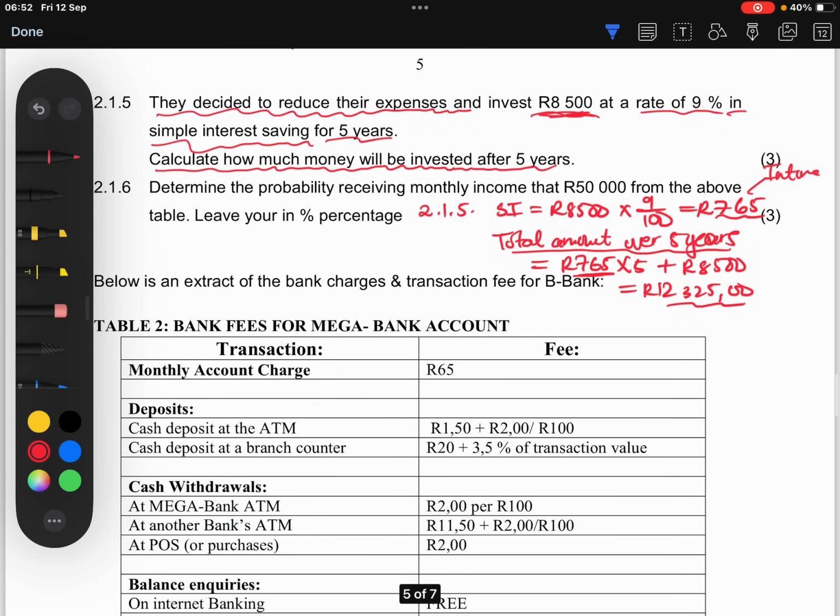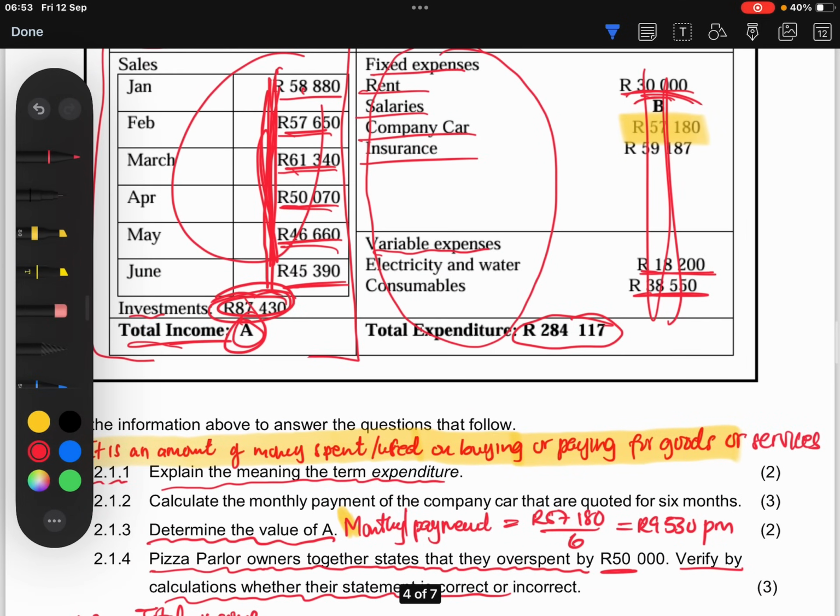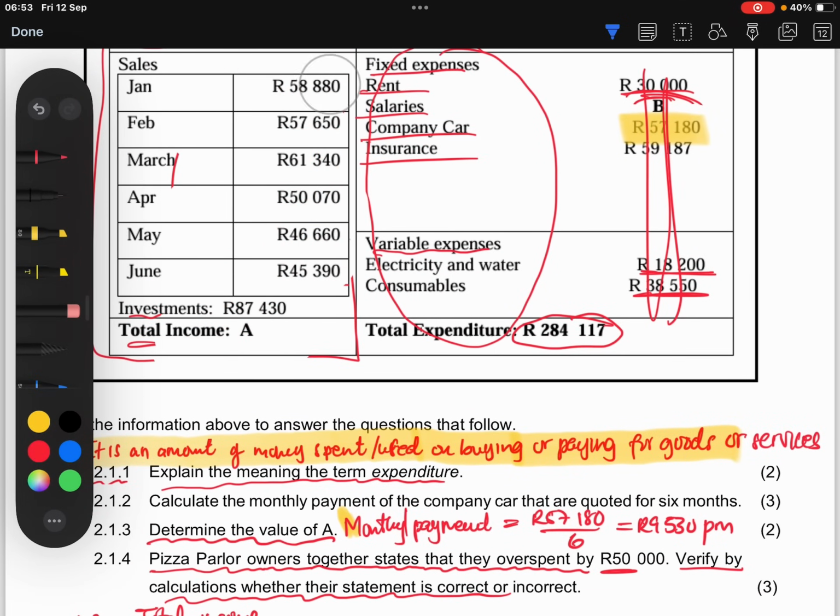Let's go to 2.1.6. It says determine the probability of receiving an income that is 50,000. Let's say that is less than 50,000, because there's no 50,000 here. So let's determine the probability of receiving an income that is less than 50,000.